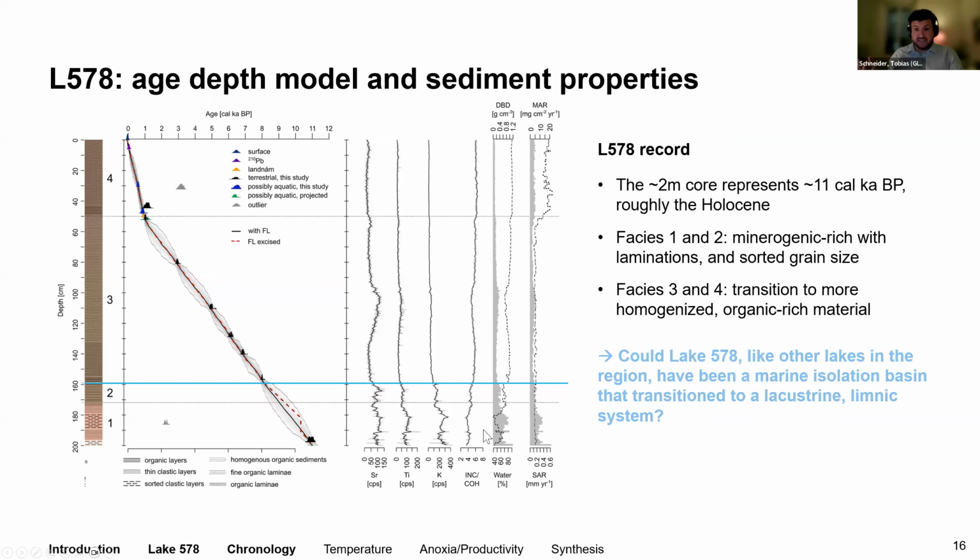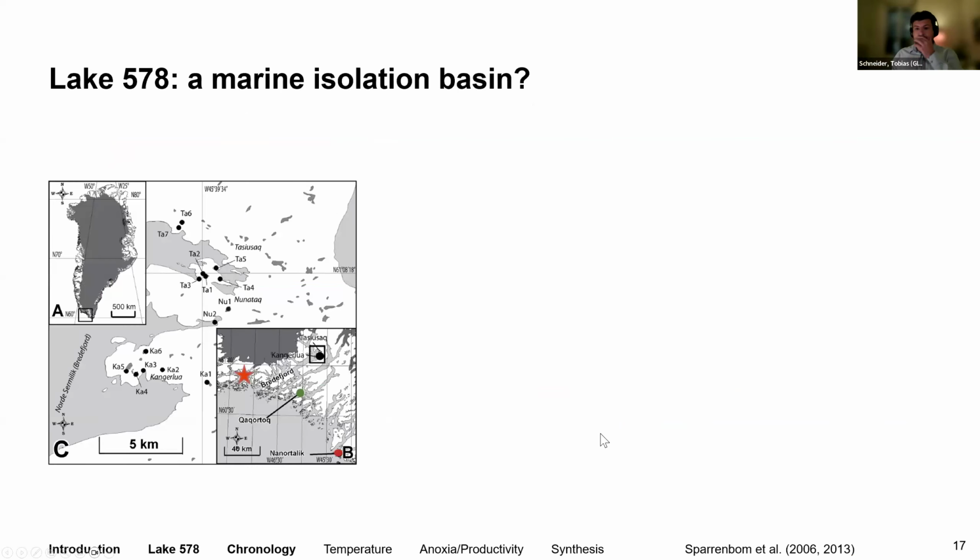And so the question is, well, what's actually the ontogeny of this lake? And so a survey by Sparnbaum and colleagues, they investigated many lakes just in this area. So each point here is one of these lakes at different altitudes, and they used these transects of these lakes in order to reconstruct the relative sea level changes over the Holocene.